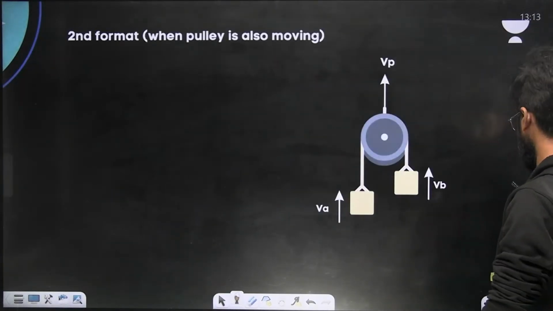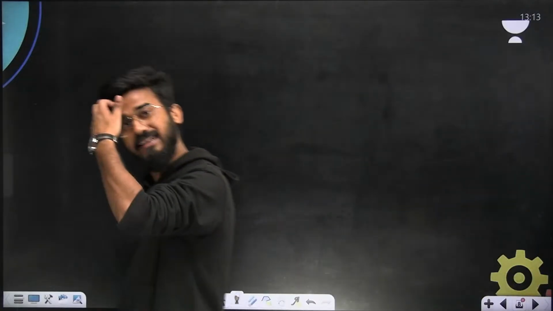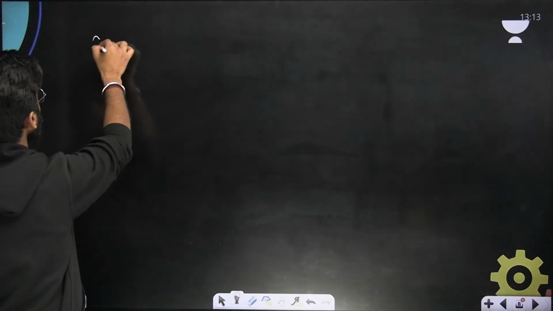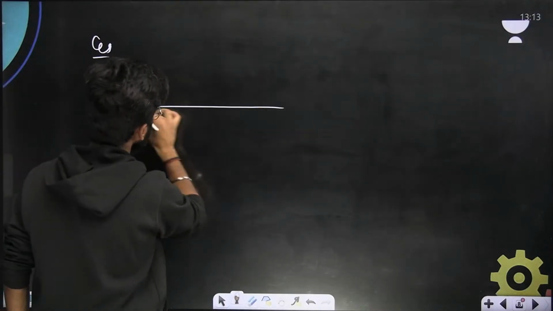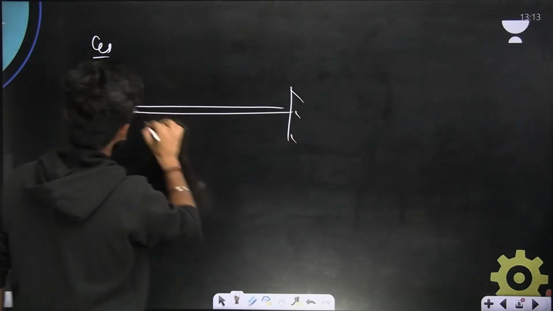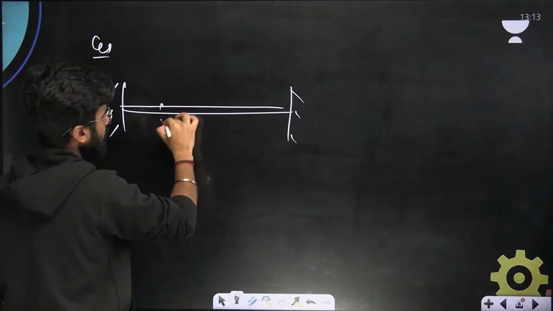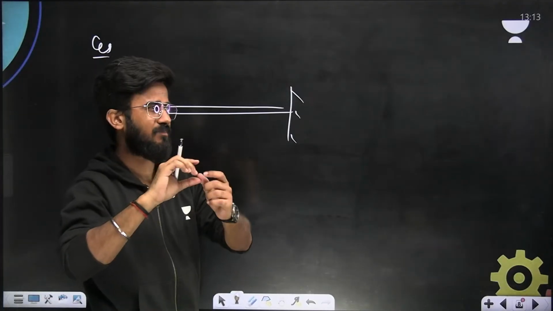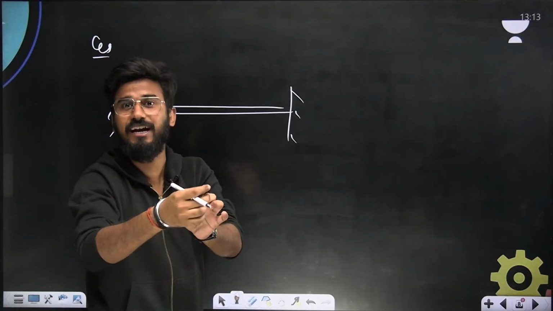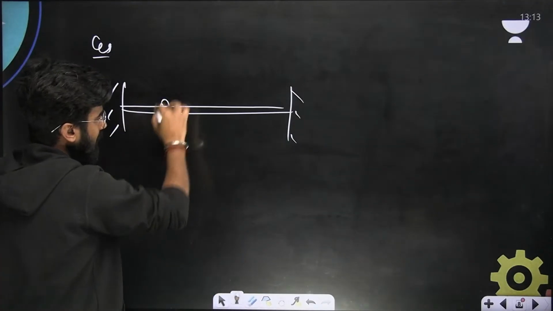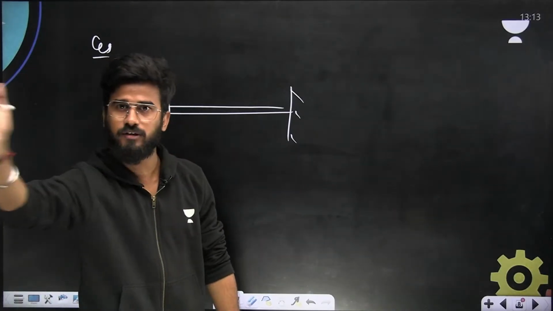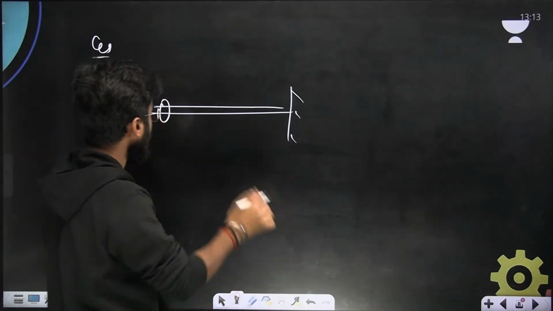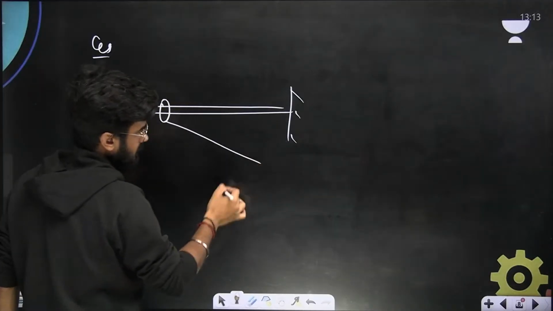Let me tell you another example. Suppose there is a bead. You know, a bead, something round, you can say challa in Hindi also. So there is a bead on a rod, like the curtain rod, and this is connected by a string.